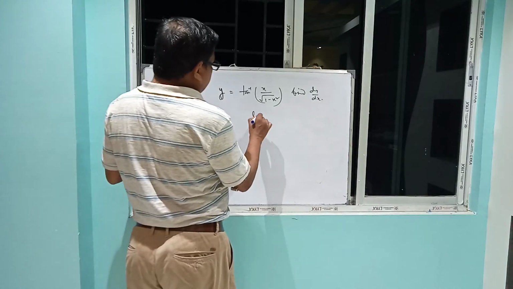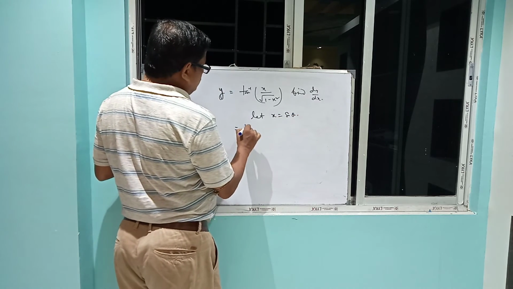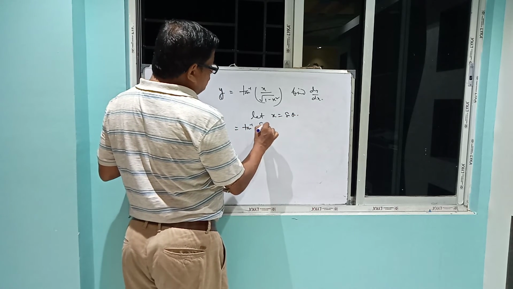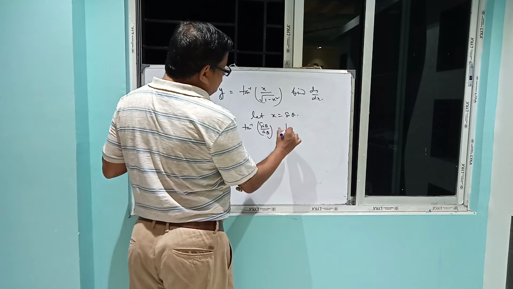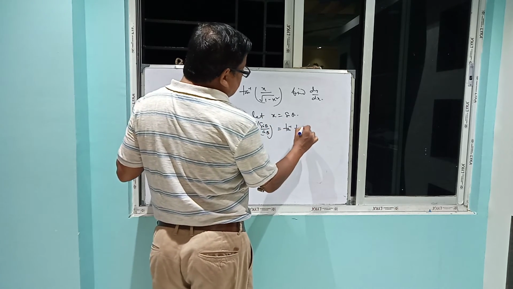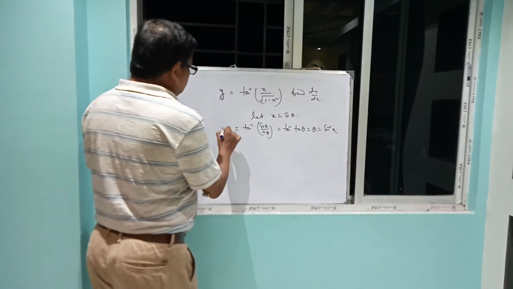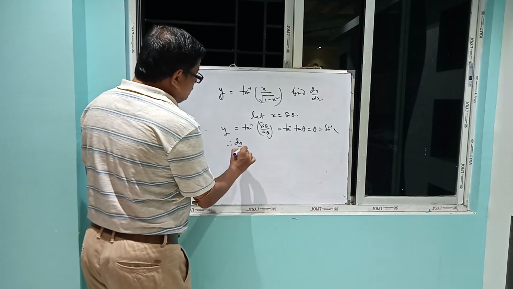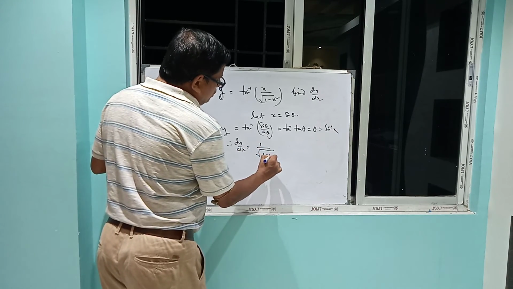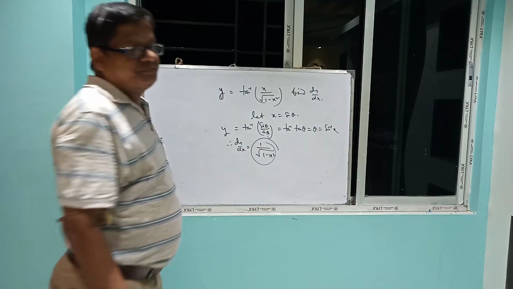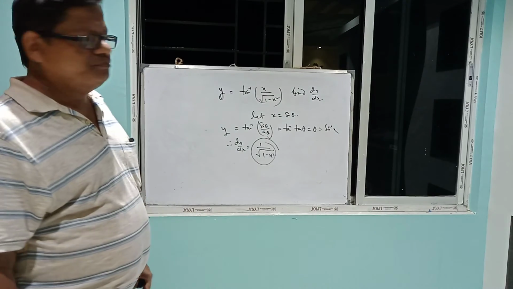So tan inverse of sin theta by cos theta, that is tan inverse tan theta, which equals theta, that is sin inverse x. So dy/dx equals 1 by root 1 minus x square. Keep in mind, this type of sums are important.